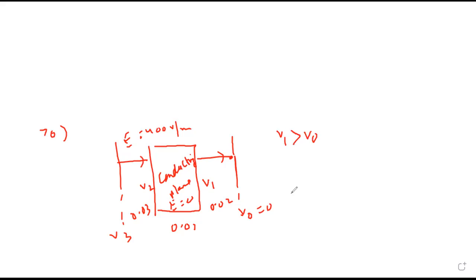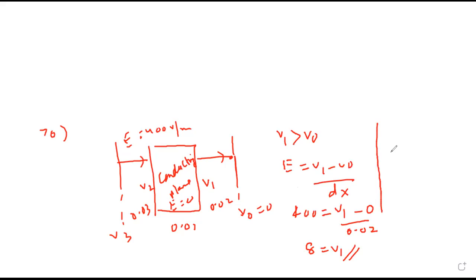V1 greater, because it is on the left side. Yes, sir. So can I say E is potential difference upon the distance between them? Okay. E is 400. V1 I don't know. V0 is given 0 and dx is 0.02. So 8 equals V1 in the first order.